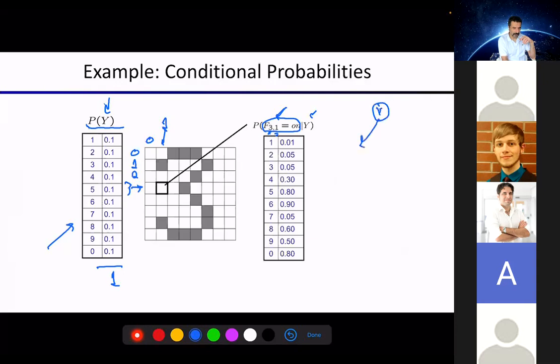So we assume this structure, okay? If we have this, we need to look at all possible values of y. So if this is on, what is this conditional probability? For label 1, with probability 0.01, it is on. With 0.099, this is off, right?